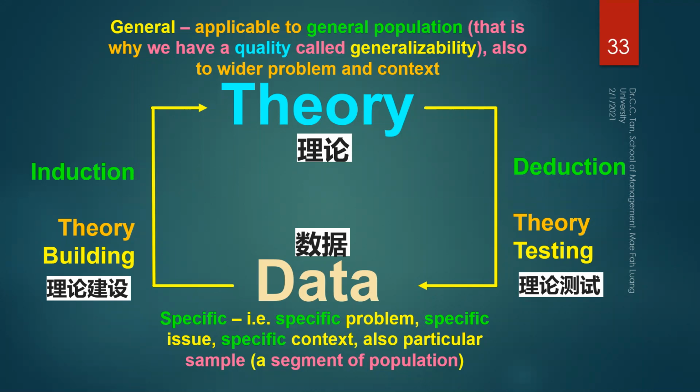For example, specific things could be your specific problem, a specific issue, a specific context, or a specific application, which requires a specific sample. So your sampling comes from your specific population. If you are working on aging societies, your population should not be drawn from children, right?